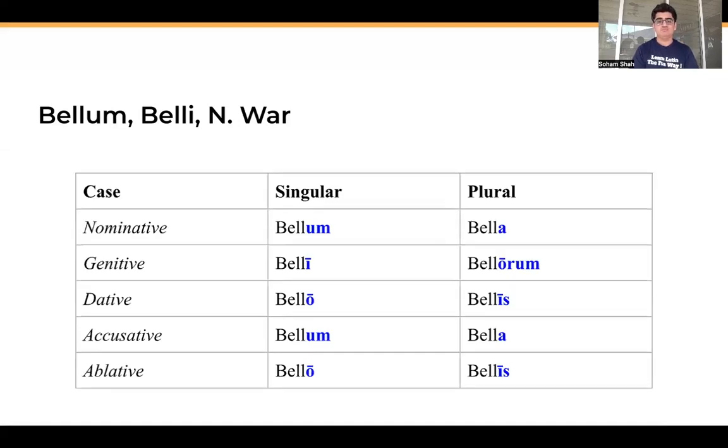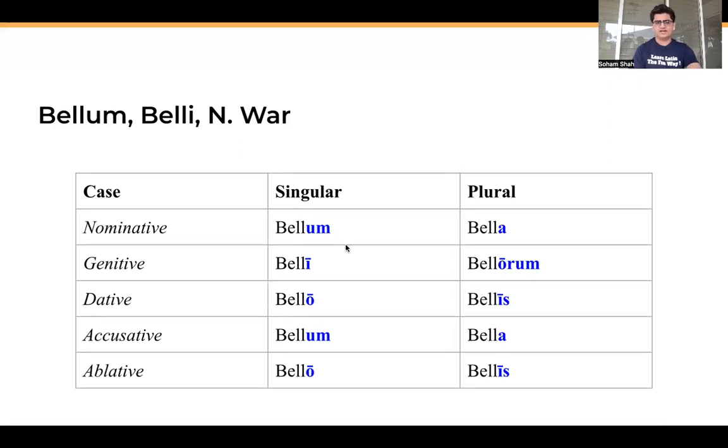We have bellum, belli, bello, bellum, bello, bella, bellorum, bellis, bella, bellis. Again, the macrons are kind of the same. However, we need to understand that the nominative plural is a, and then the accusative plural is the same.